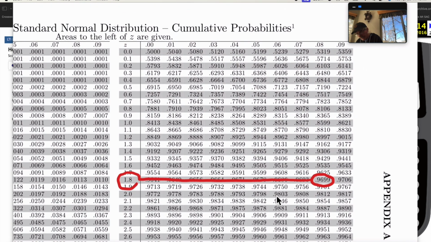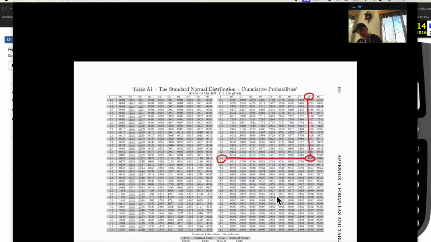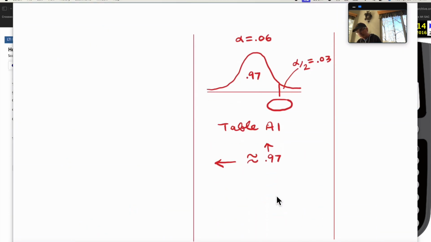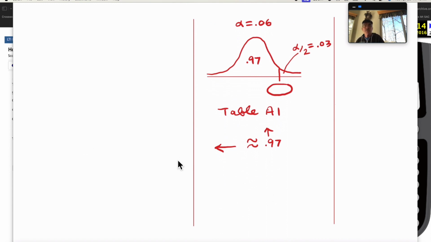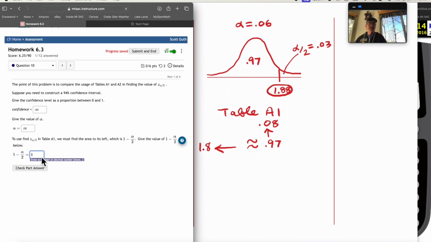So it's 1.88 for the z-score. Okay, and so let me go ahead and slide down here. Okay, this is going to be 1.8 and 0.08. So from table A1 we're getting a 1.88.